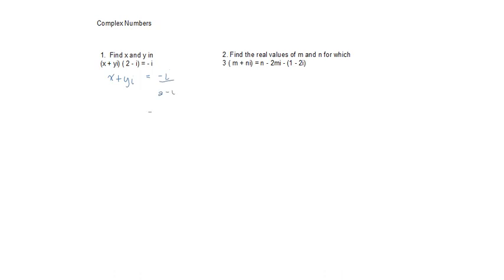You can use your calculator to solve for this one, or if you're doing this manually, then you have to multiply the numerator and denominator by the conjugate of 2 minus i, which is 2 plus i. But since you are allowed to use a calculator, you can just use your GDC to find the value of i over 2 minus i.